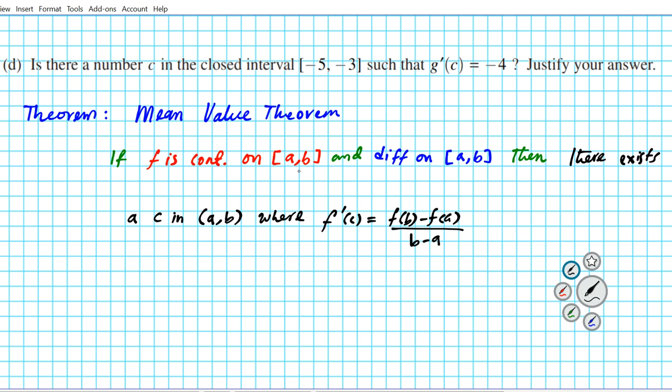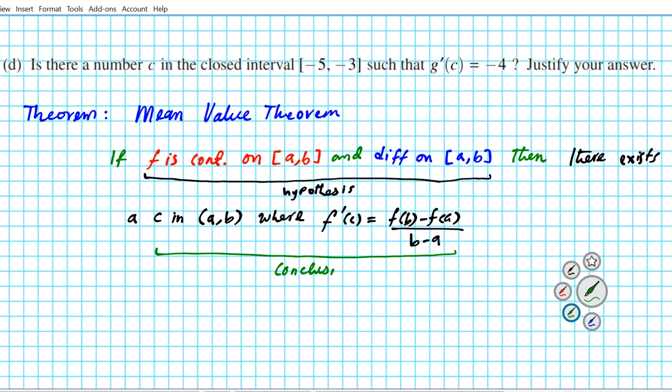So these two together, part 1 and 2, represent the hypothesis. This is the hypothesis right here. And then here we have the conclusion of the mean value theorem. Okay, so the question is, does this scenario that we're dealing with meet both criteria?